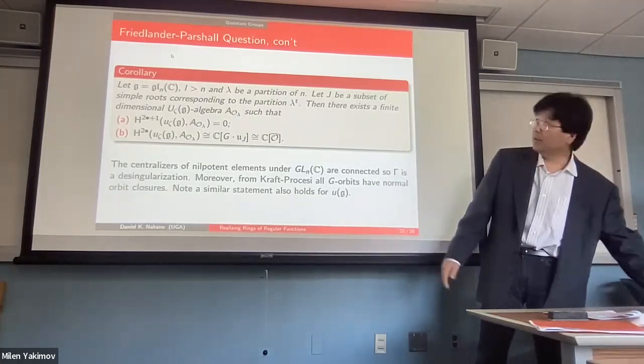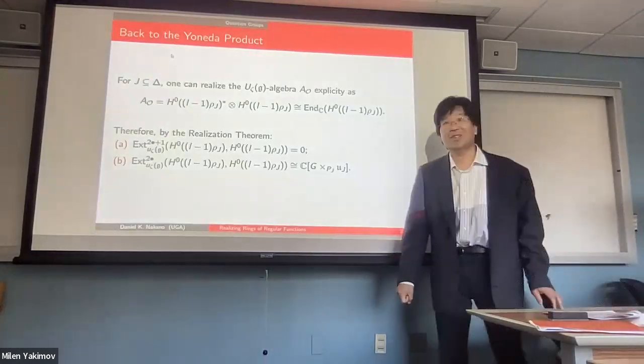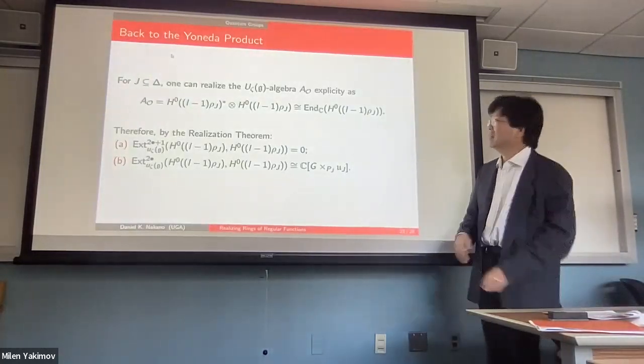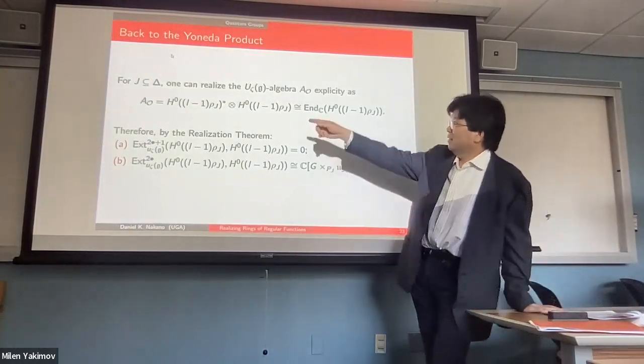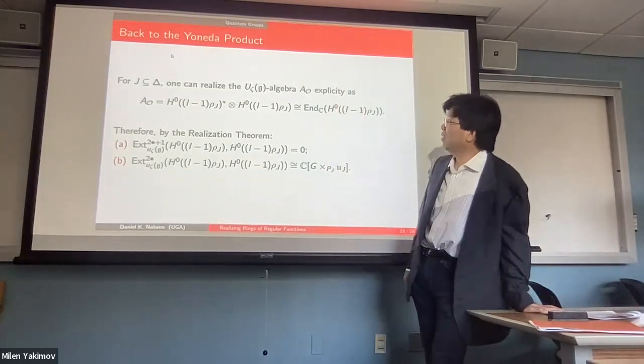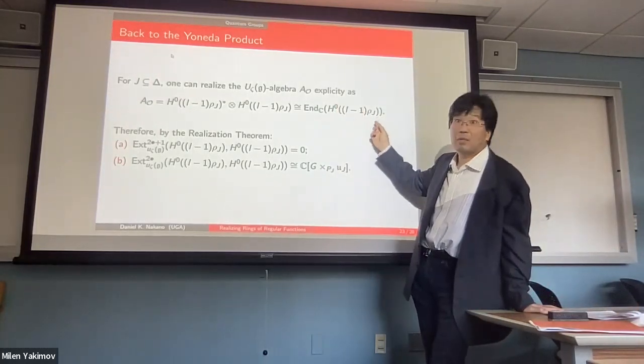Okay, so now I'm going to answer your question. Very good question. So back to the Yoneda algebra, Yoneda product. What you do is you take a subset of simple roots. And how do you realize this A of O? Well, you realize it as the endomorphism algebra of the partial Steinberg module.